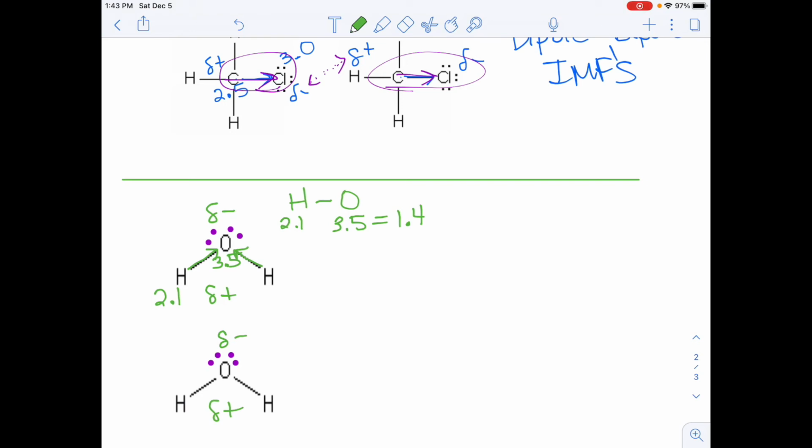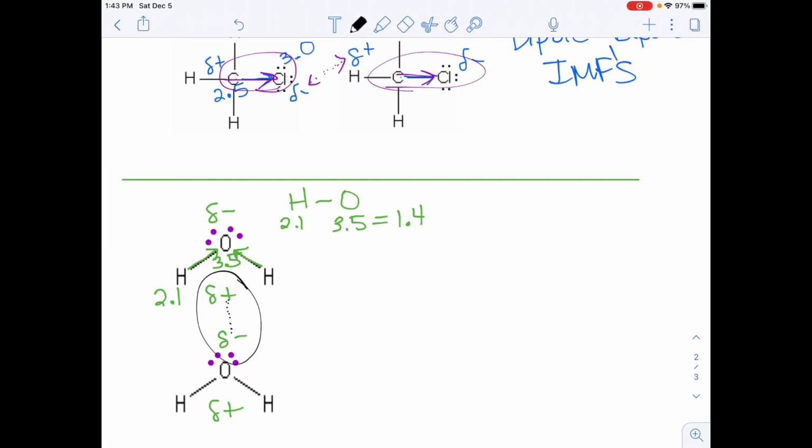Okay, so there definitely is some sort of polarity between these two compounds because the partial negative end and the partial positive end are going to create this attraction to one another. So it is an example of dipole-dipole.